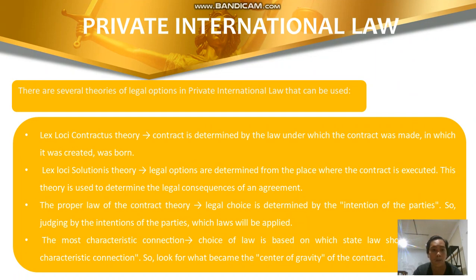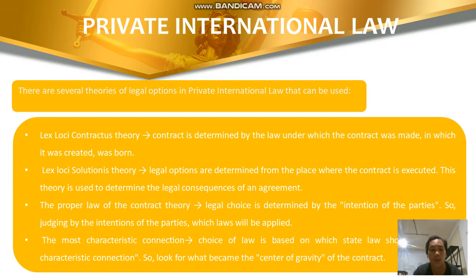There are several theories of legal option in private international law that can be used. One, lex loci contractus theory: the contract is determined by the law under which the contract was made, where it was created or born. Two, lex loci solutionis theory: legal options are determined from the place where the contract is executed.